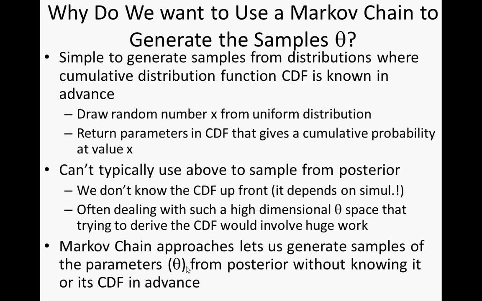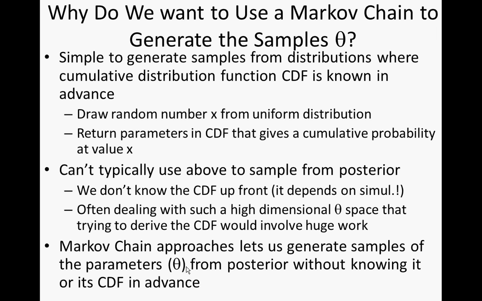And then we can essentially invert the CDF. We can return parameter values that give a cumulative probability that is equal to the value x we drew from the uniform distribution. This is a well-known technique for drawing samples from distributions. We know really well, and it's very easy to draw a random number from a uniform distribution.